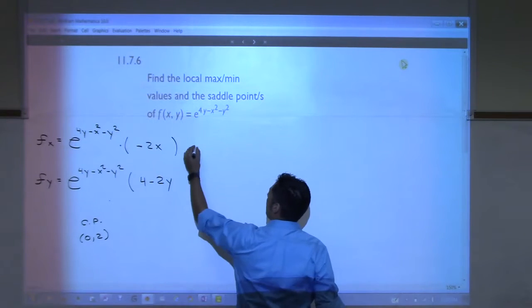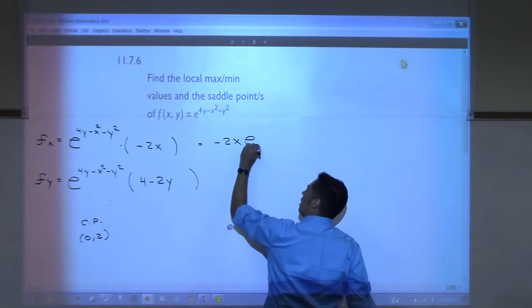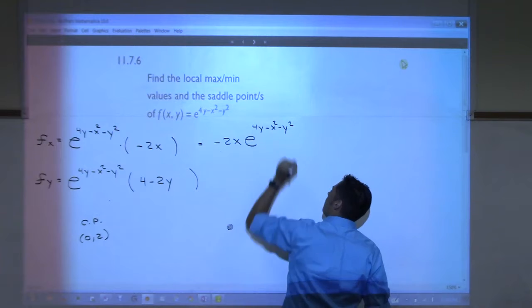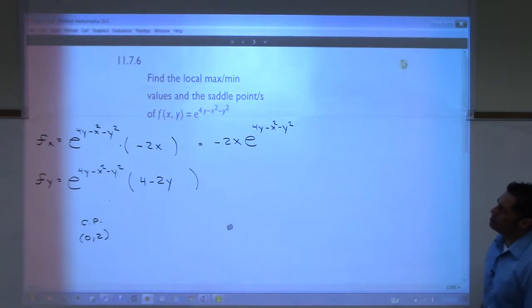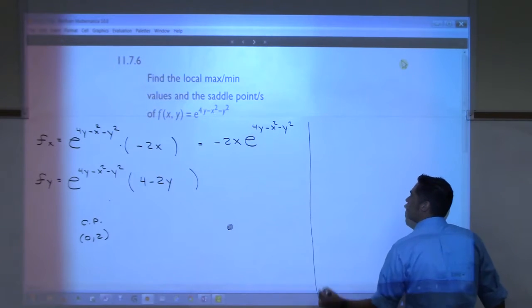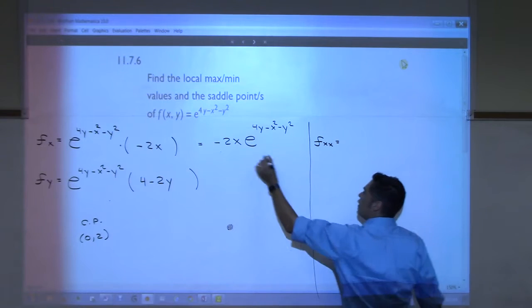All right, I think I'll rewrite this as negative 2x e to the 4y minus x squared minus y squared. That's the partial with respect to x. Now we're going to do partial with respect to x again, which would be product rule. Here's my product.